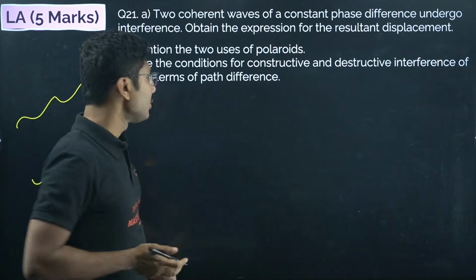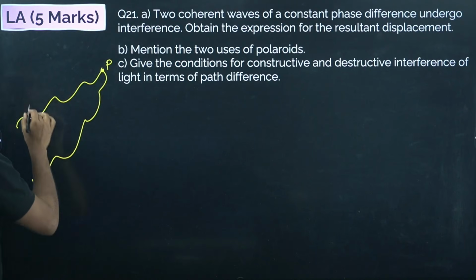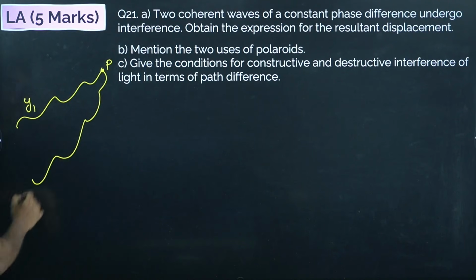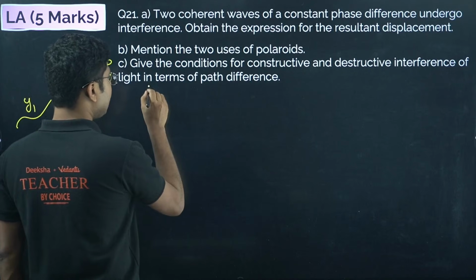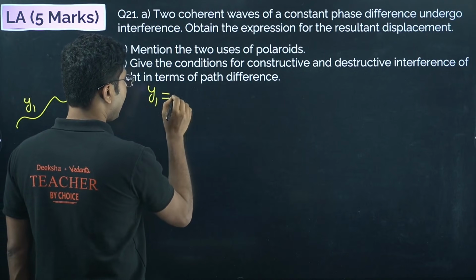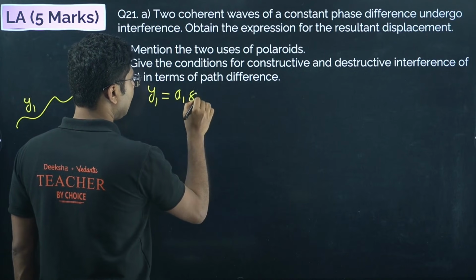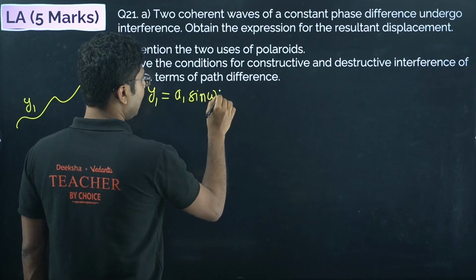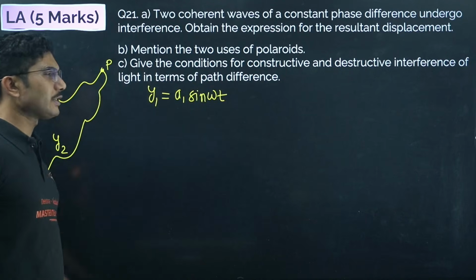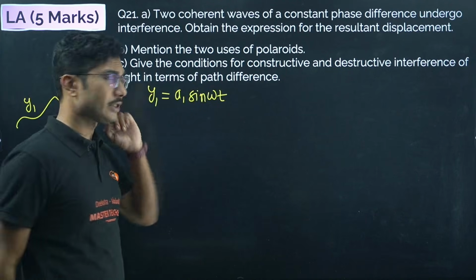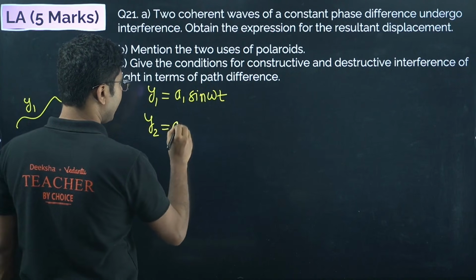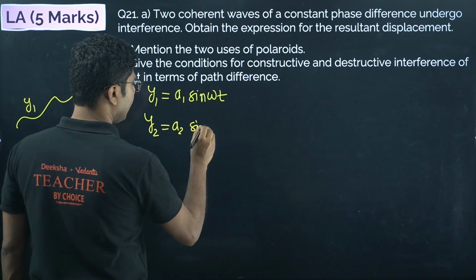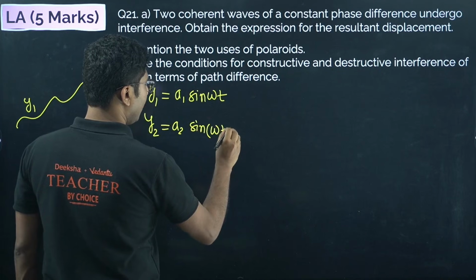their displacement will change. So the first wave, say wave number 1, is represented by y1, and the second wave is represented by y2. We know oscillation can be represented by A1 sin omega t. This is the equation of the first oscillation. The second oscillation is given by y2 equals A2 sin(omega t plus phi).